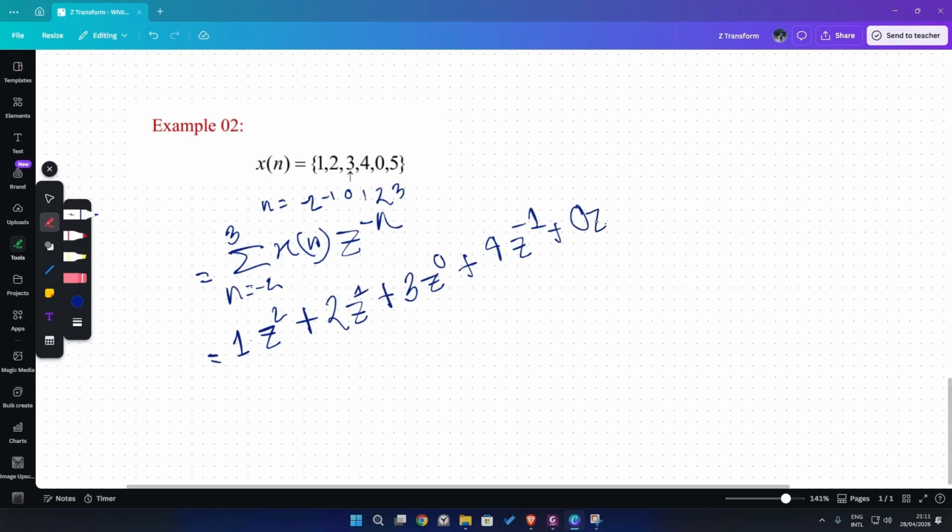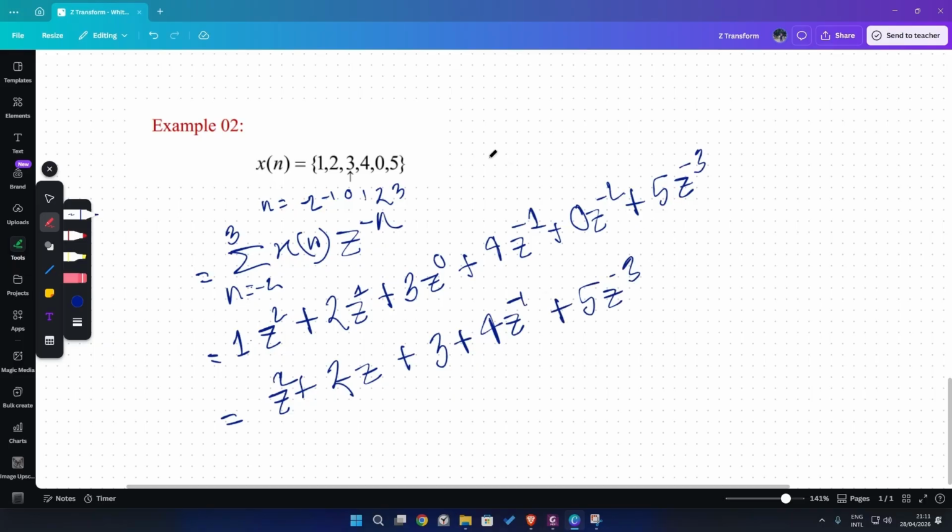It will be 0, z minus 2, it will be 5, z minus 3. So the answer will be z squared plus 2z plus 3 plus 4 z inverse 1 plus 5 z inverse 3.